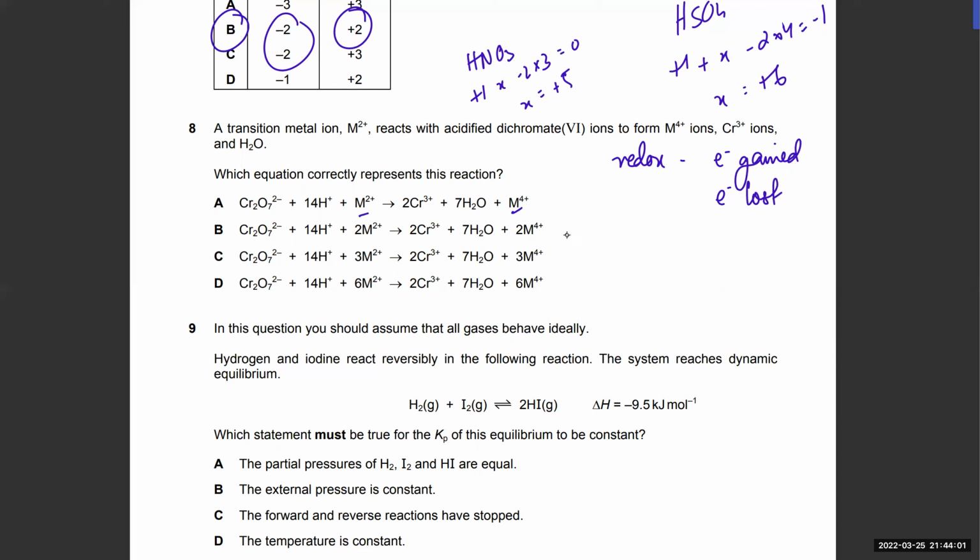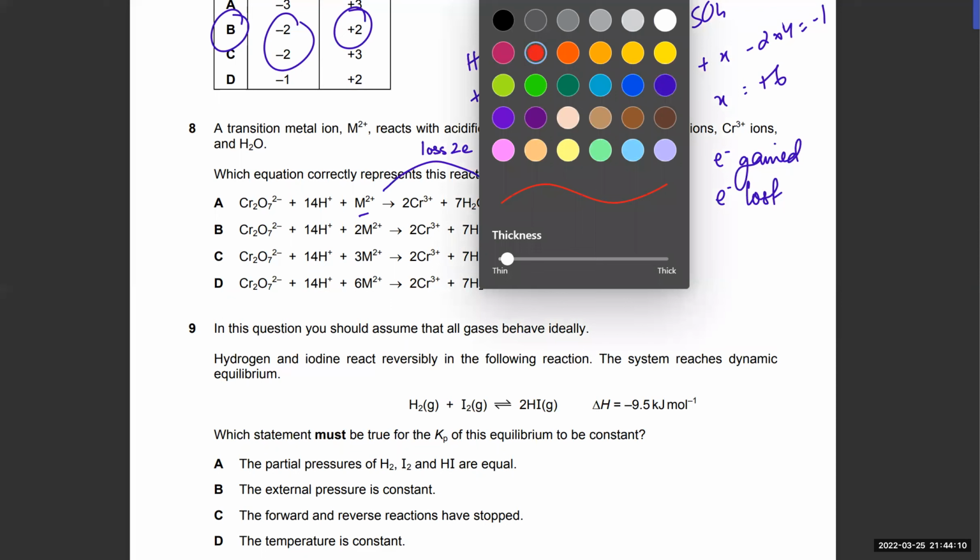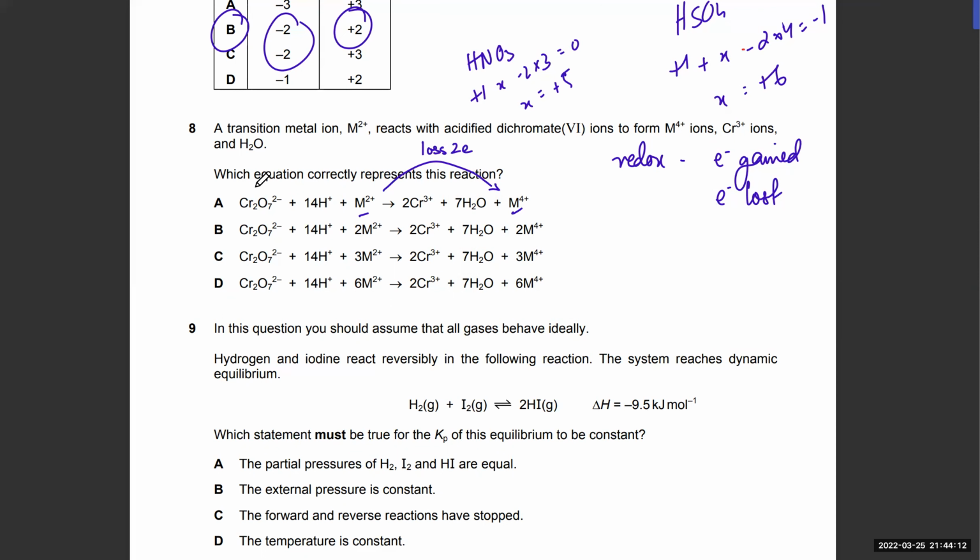So M2+ to M4+, that is a loss of 2 electrons. What about the other one? Chromium over here is +6 to +3, that is a gain of 3 electrons, times 2 because there are 2 chromiums.